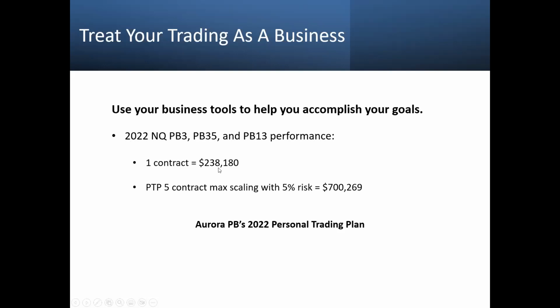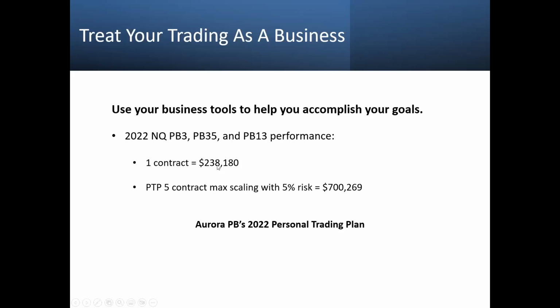However, if you decided to incorporate your personal trading plan, but max out at 5 contracts and no more than 5% risk, that compounding as you start to add more contracts, but still looking for profit potential, not stopping early, just still doing the same exact thing, trading from 7 to 2 Eastern time, that ended up going to $700,000 of profit.